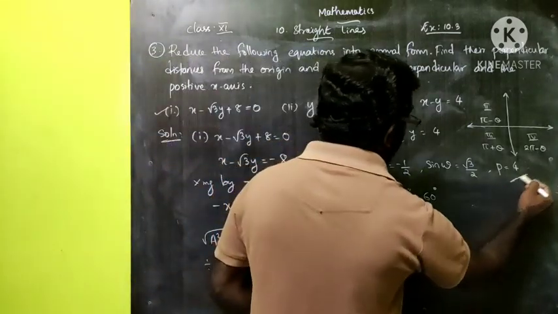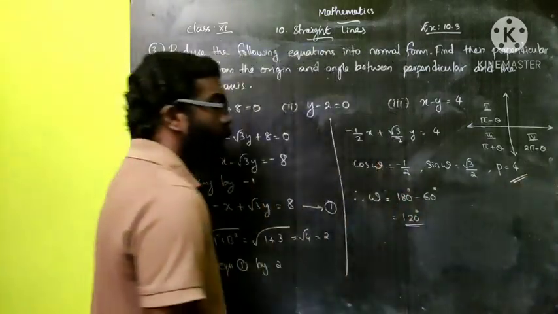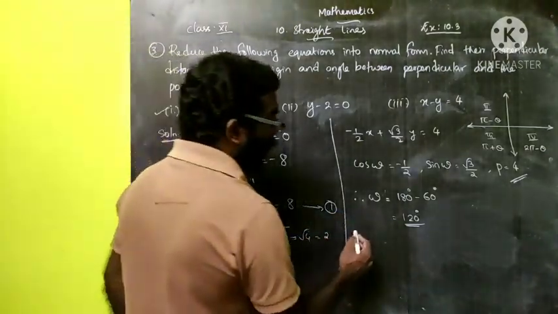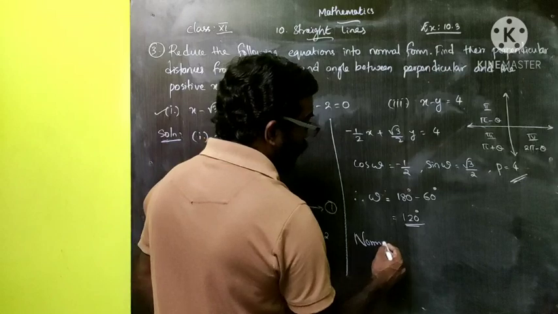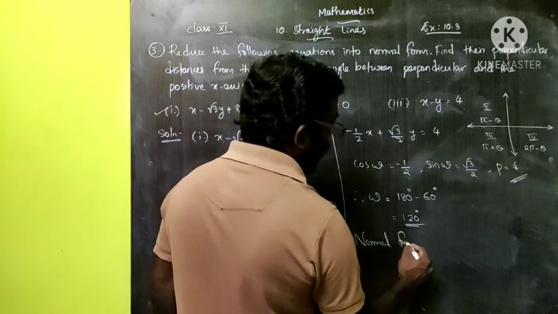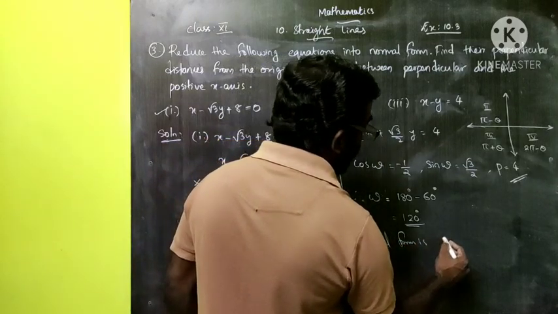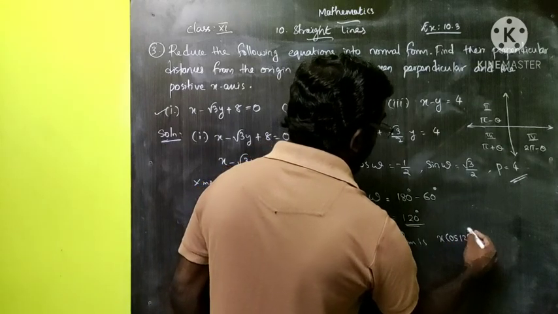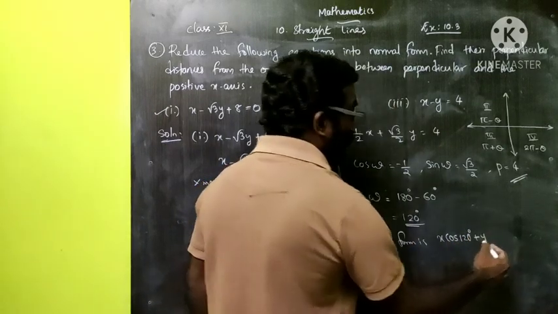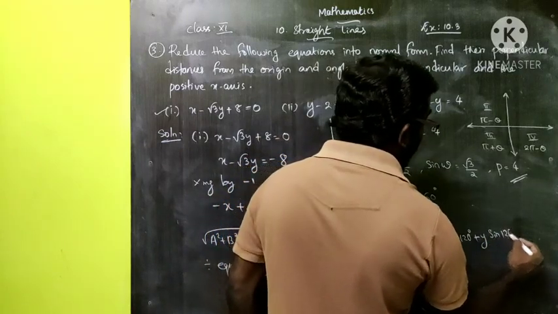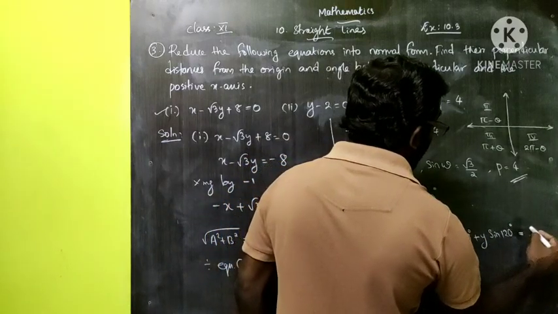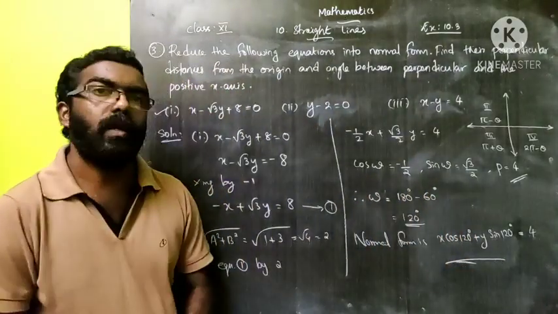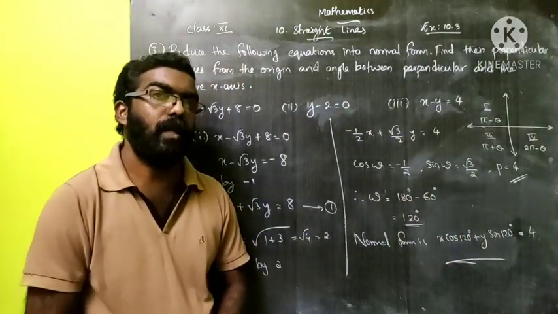So the perpendicular distance is 4 and the angle omega is 120 degree. Now we can write the normal form. Normal form is x cos omega, so x cos 120 degree plus y sin 120 degree, which is equal to p. P is 4. This is the normal form of the equation of the line.